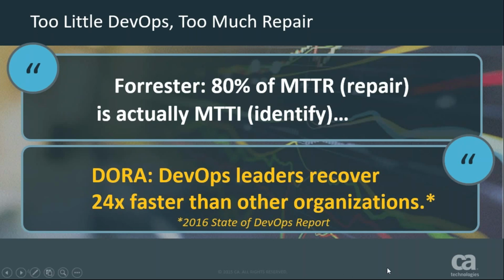Sure. This is in many ways one of the traditional APM problems, but with the advent of continuous integration and continuous delivery, we're moving everything faster through the process, which we'll talk about in the next slide. What Forrester is saying is that when we as developers, my background was in development, push code out, there's naturally going to be a set of problems that come with that.